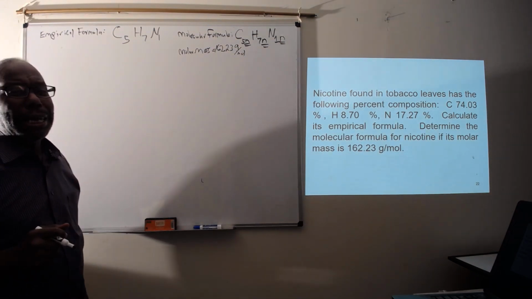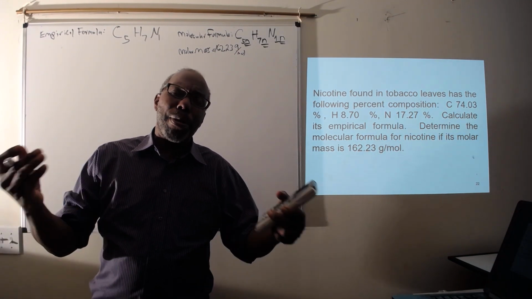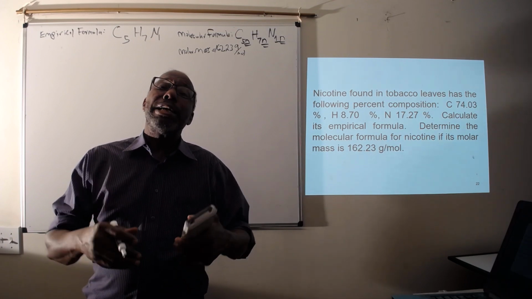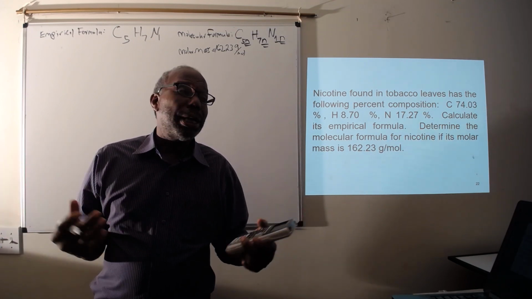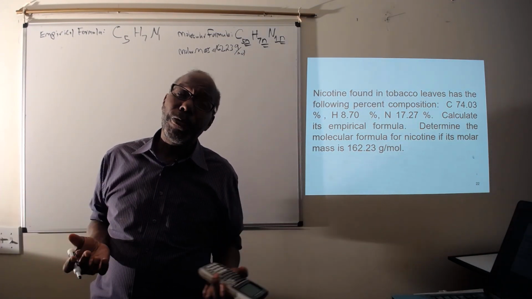So that molar mass should always be given in the problem if you're trying to determine the molecular formula from the empirical formula. That needs to be given. Otherwise, you won't be able to do the molecular formula.